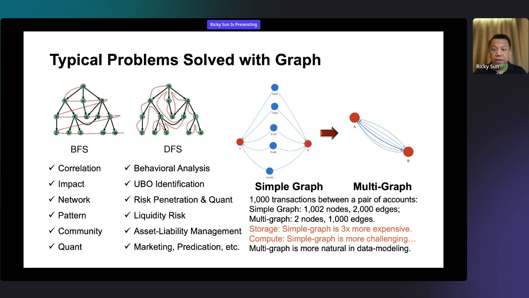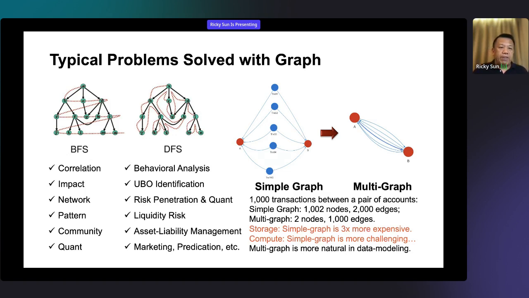But my point is that multigraph is more natural, and it can be backward compatible with simple graph, but it's very difficult for simple graph to model the real world, intuitive, natural multigraph. Sometimes the complexity involved is actually higher with simple graph. But in many real world applications, especially fraud detection, simple graph is still very useful.